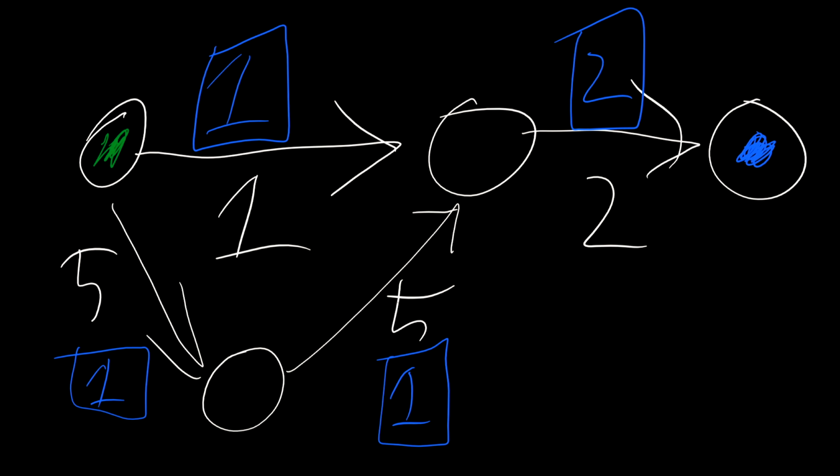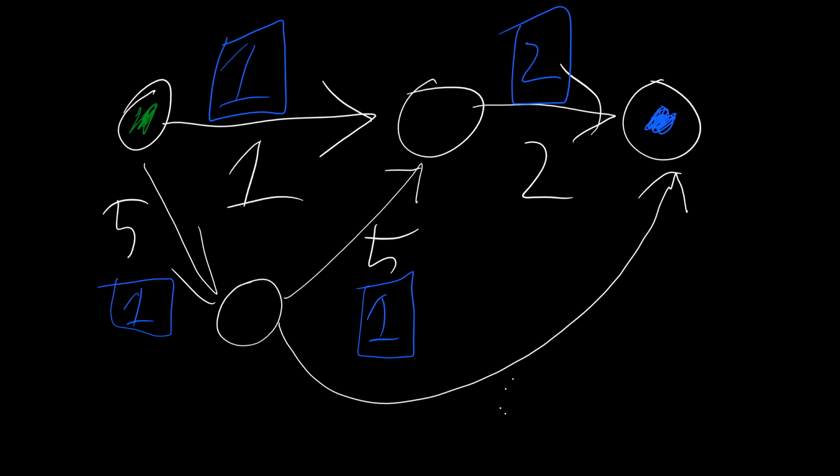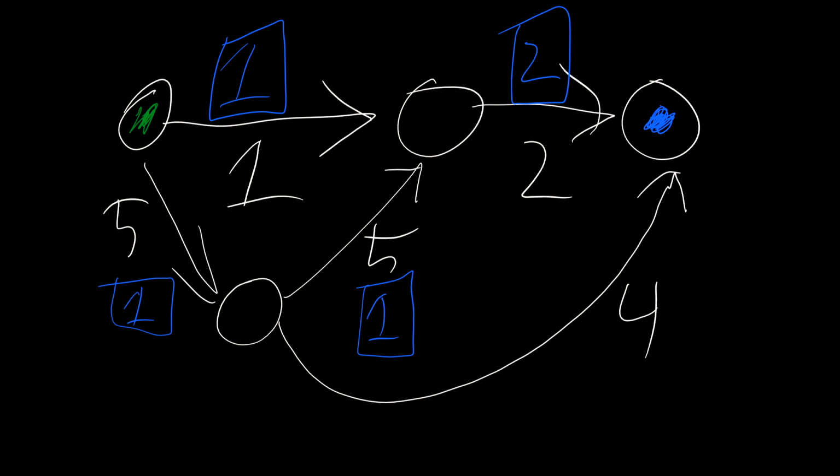So let's think about this. There's sort of this idea that you might be thinking about paths. It seems like this number is really important, but why is it important? Does it have to be important? Let's add another arc. Let's say this one, arbitrarily, is 4.